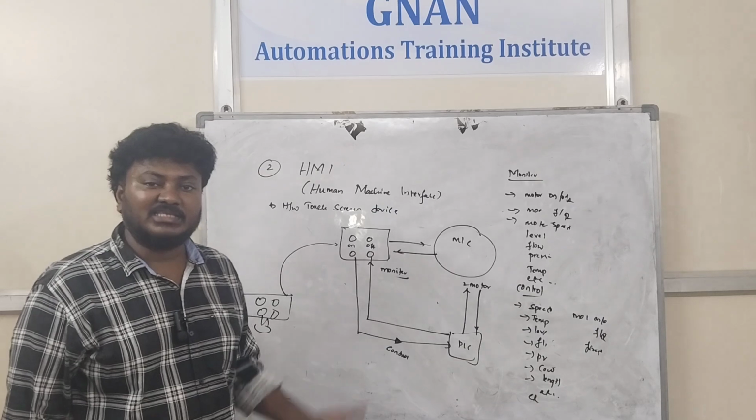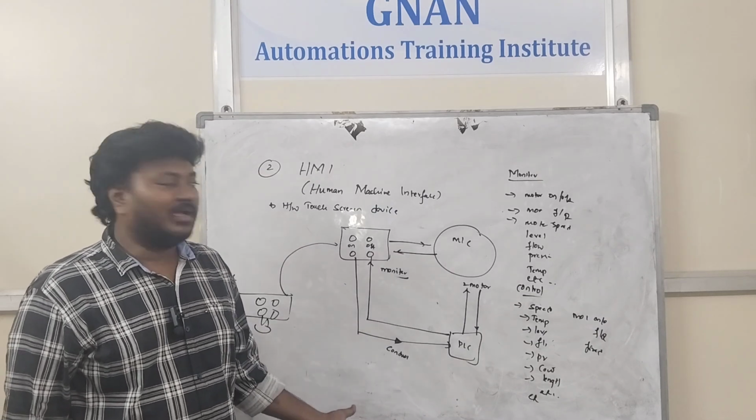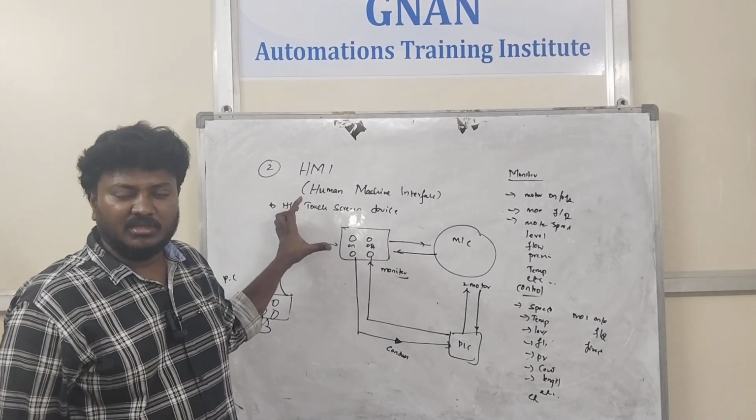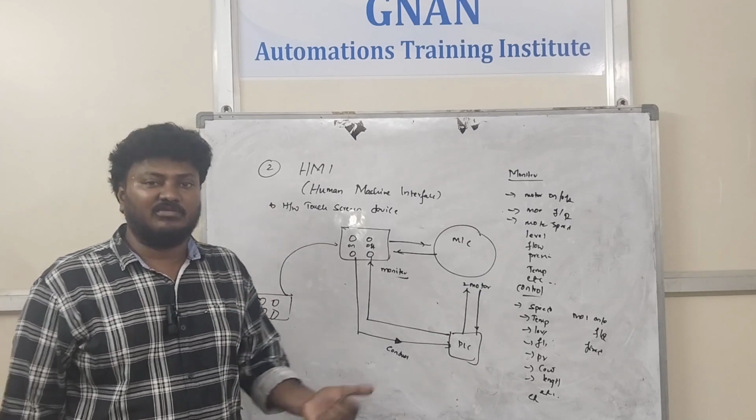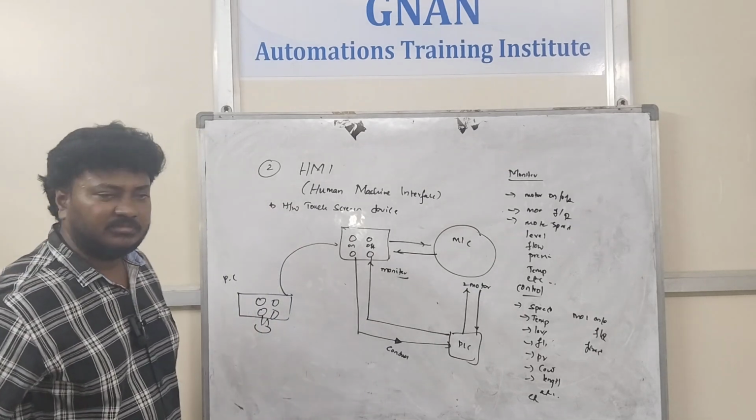Monitoring and controlling of a single machine is what we call an HMI. In this HMI topic we are also going to learn about Delta and Siemens. Next.